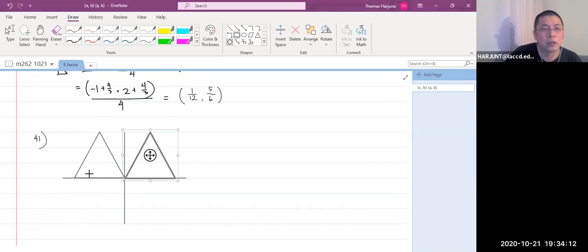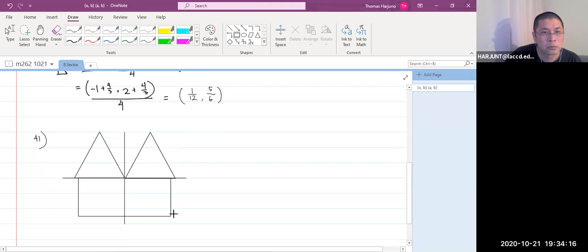And a rectangle. Let's say something like this. Okay, by symmetry, I can say that the x bar will be 0. Agree? By symmetry.